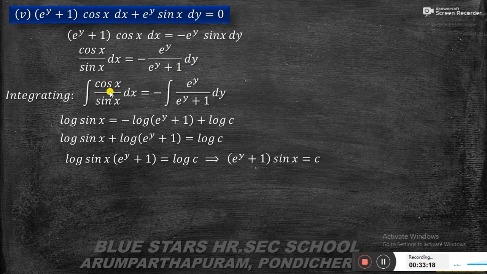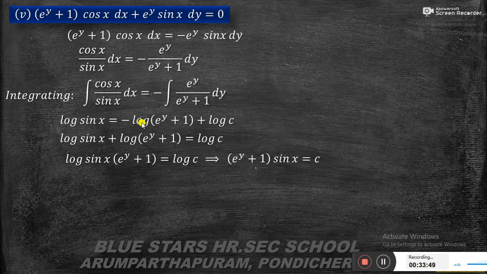So now, integrating on both sides, the integral of cos x by sin x dx equals minus the integral of e^y by (e^y + 1) dy. The differentiation of sin x is cos x, so the integral of cos x by sin x dx is log of sin x.